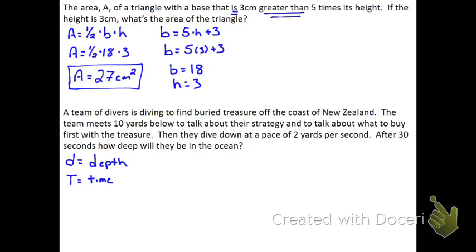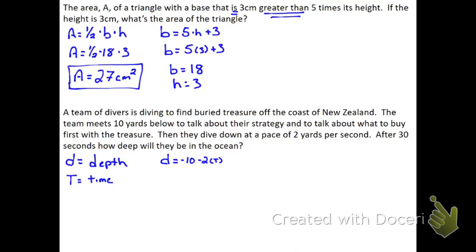So when we write this equation, we're going to have D equals, now they're starting 10 yards below the surface. So we're going to start with a negative 10. So D equals negative 10, and then they're going to descend 2 yards per second. So they're again going down, so we're going to descend 2 yards, so negative 2 per second, or our time.